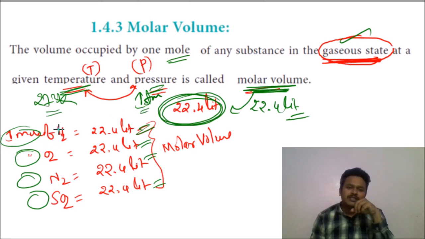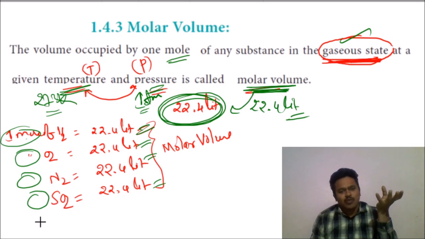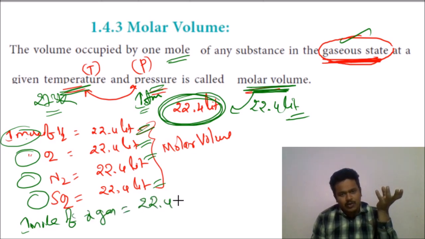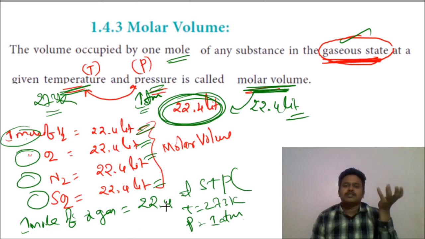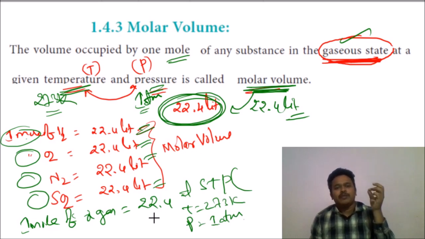Irrespective of the masses, 1 mole of H2 occupies 22.4 liters, and 1 mole of any gas X can occupy 22.4 liters at STP. This is about molar volume.